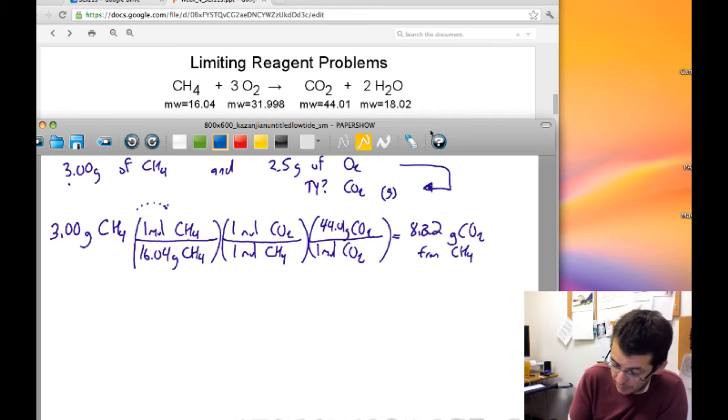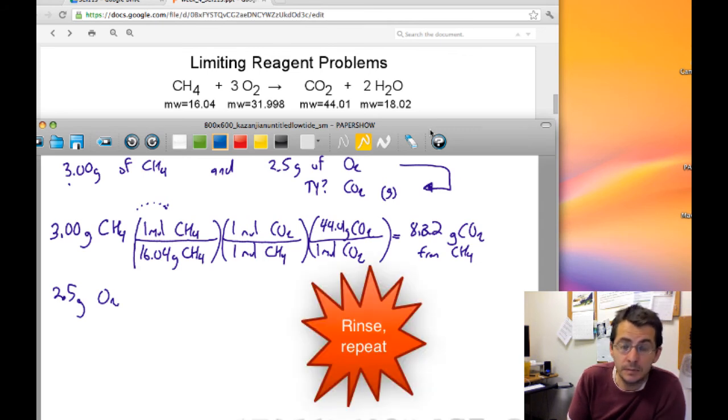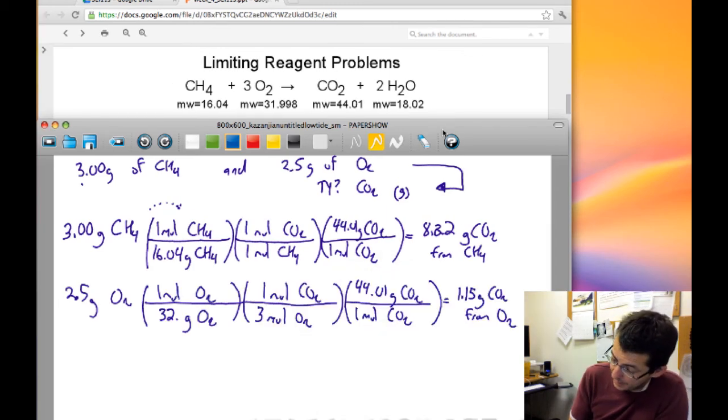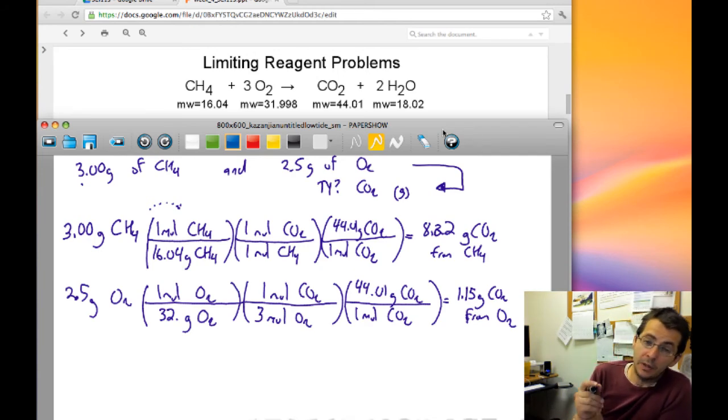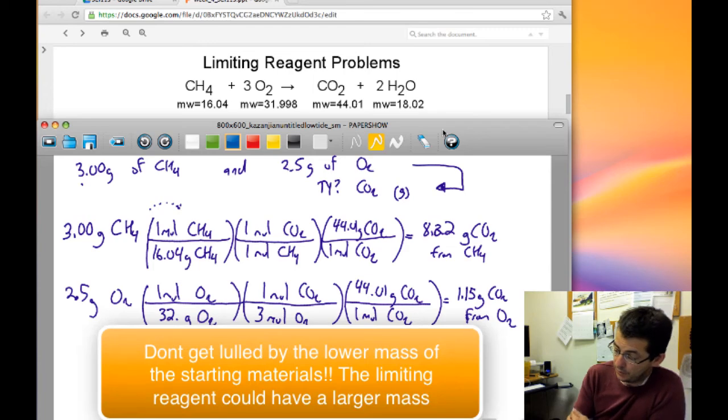And then if we do the same thing for the 2.5 grams of O2, taking into account just the O2, we can see that we only make 1.15 grams of CO2.